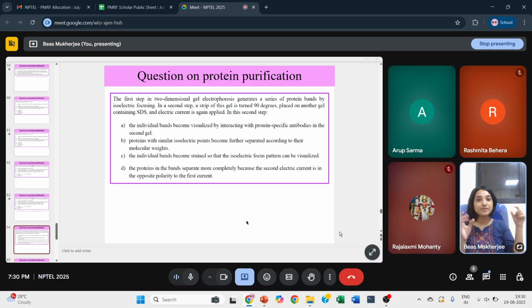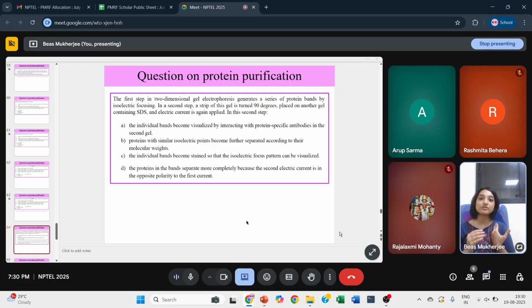In the second step, the strip of this gel is turned 90 degrees and placed on another gel containing SDS and the electric current is again applied. So in this second step, the individual bands become visualized by interacting with protein-specific antibodies in the second gel.